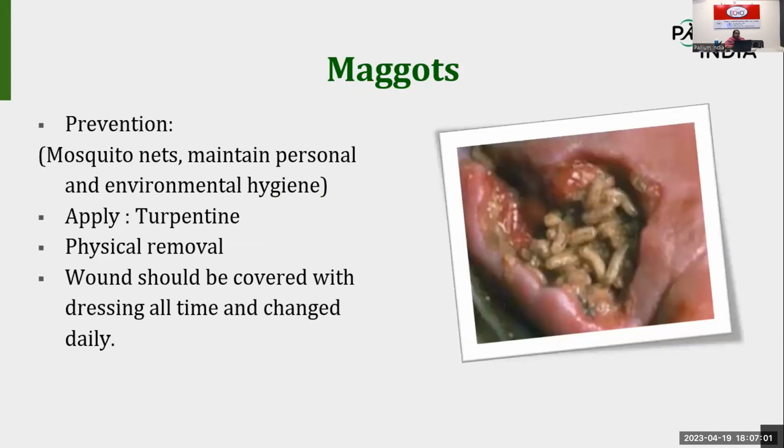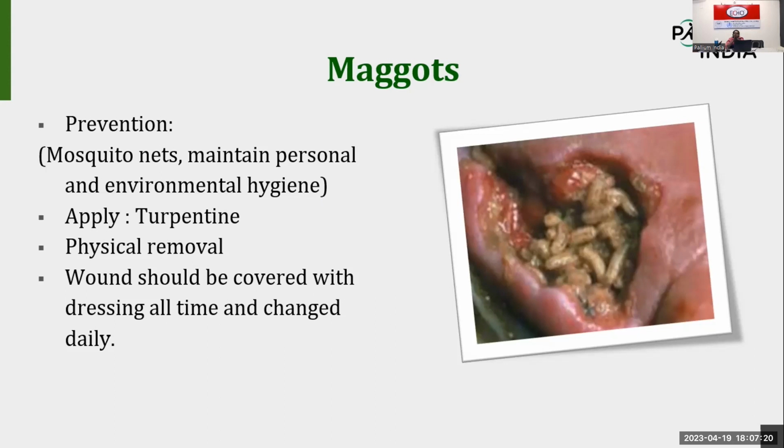Okay, very good. So maggots come from houseflies. Usually houseflies are attracted to infected wounds. When they touch the wound, they may lay eggs. Within 8 to 12 hours, maggots come out.